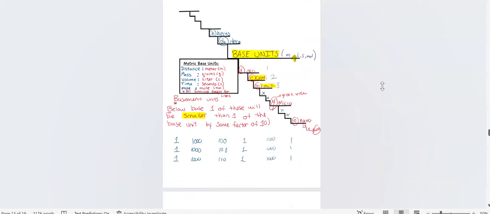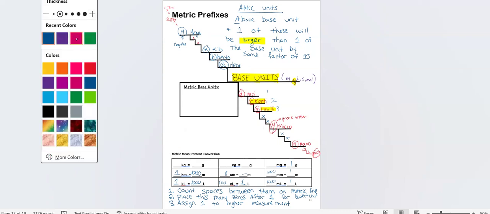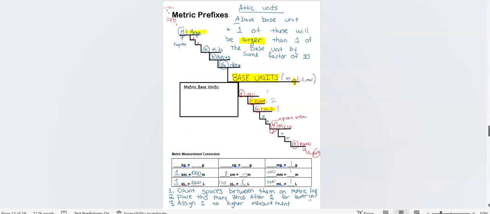Now, all of this will work no matter your prefix. So let's say I wanted to go all the way from mega down to micro. So I'm just going to erase some of this since it's kind of in the way here. Mega to micro. Mega is obviously higher up. Micro's down here. Figure out how many steps apart they are.